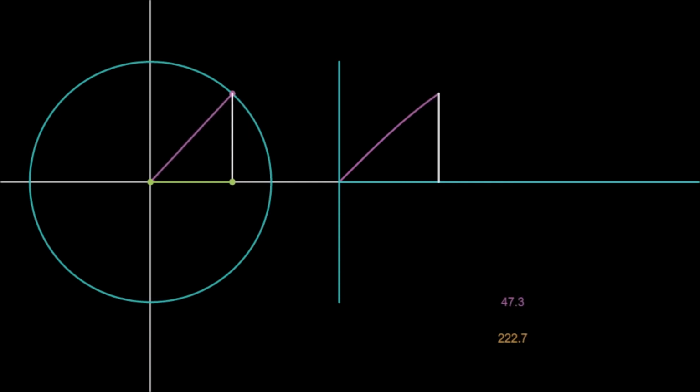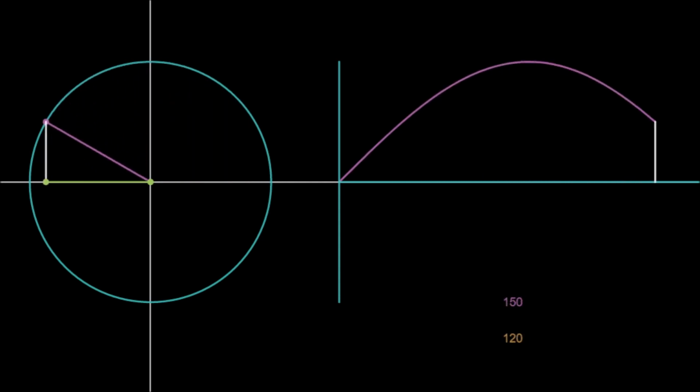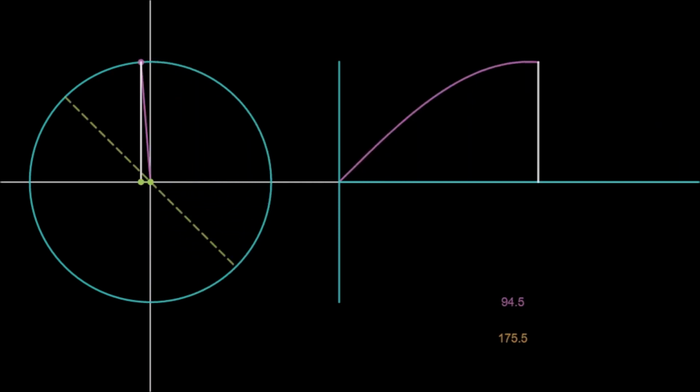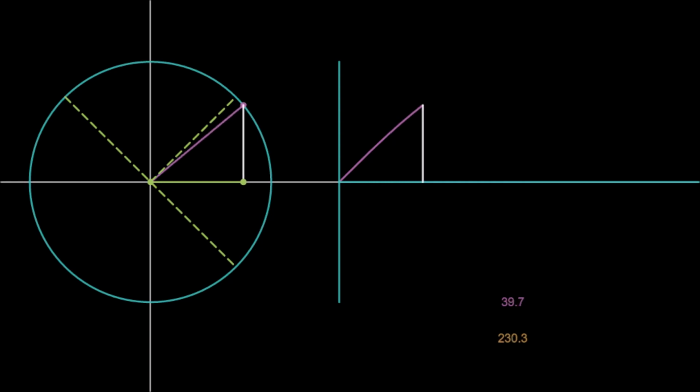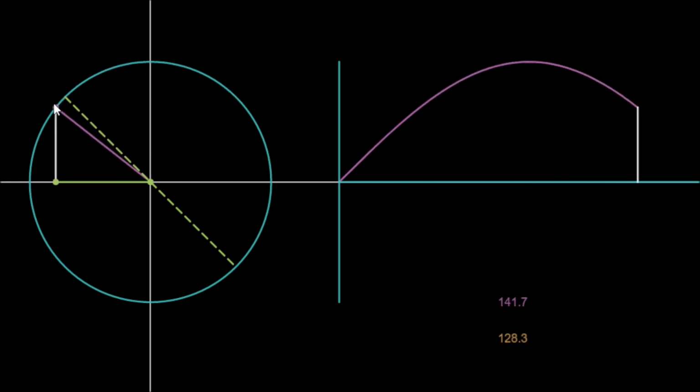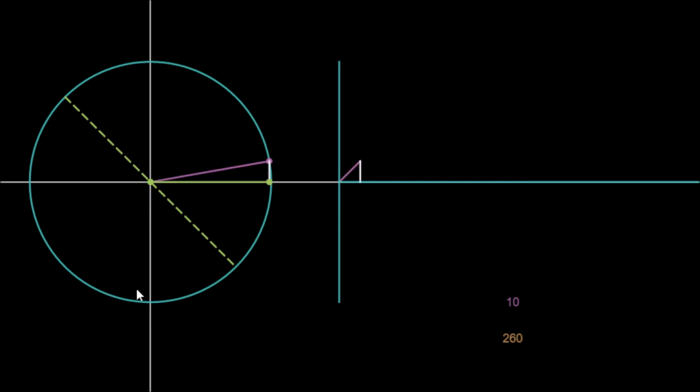We're going to generate our final identity via reflection in the line given by 135 degrees. So previously we reflected in this line here at 45 degrees. Now we're going to use the 135 degrees. So if we take this back to, say for example, 10 degrees, then this point here is going to be reflected through this line down here somewhere.